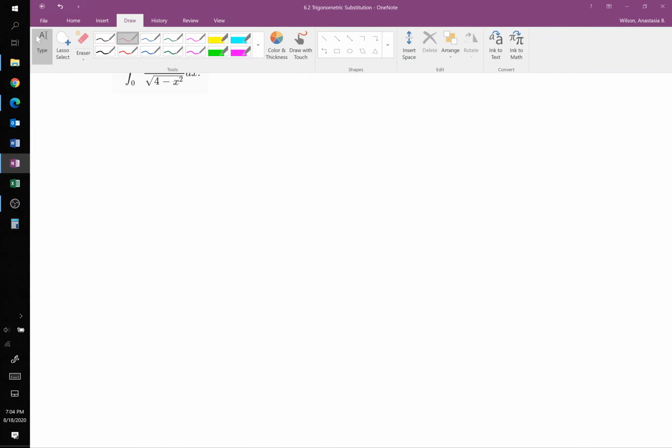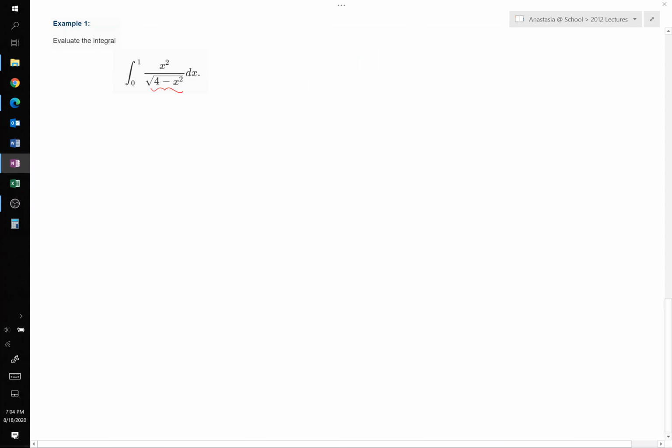So the first thing that we need to notice here is that this has the same form as our intro, which is a squared minus x squared, with specifically a equaling 2 because 4 minus x squared is equal to 2 squared minus x squared.